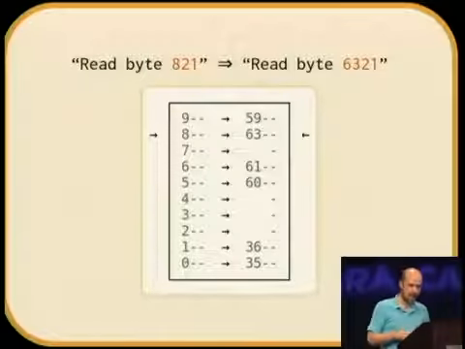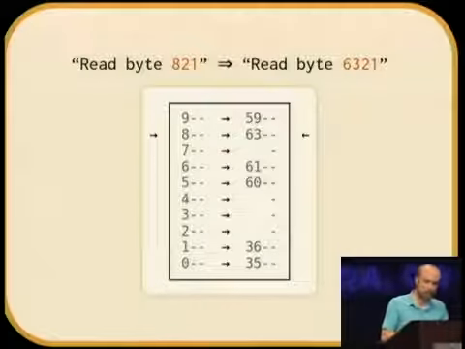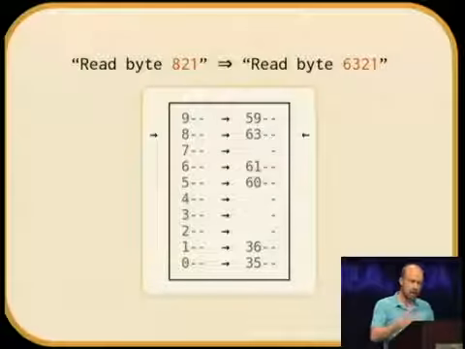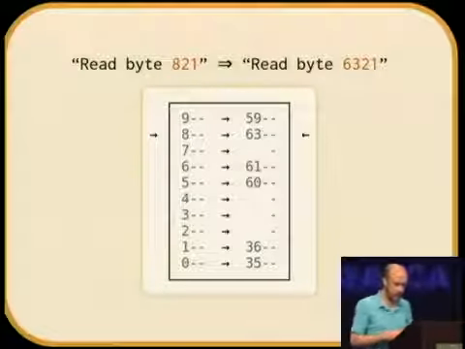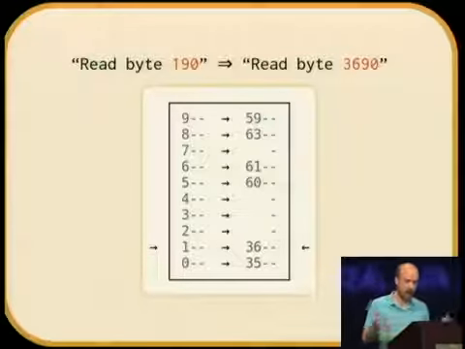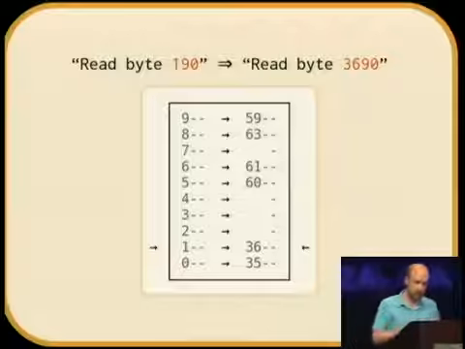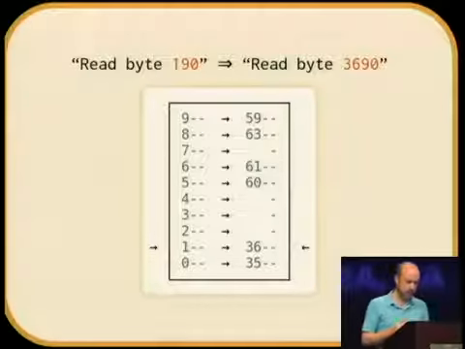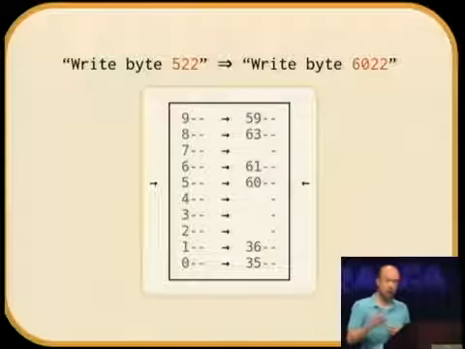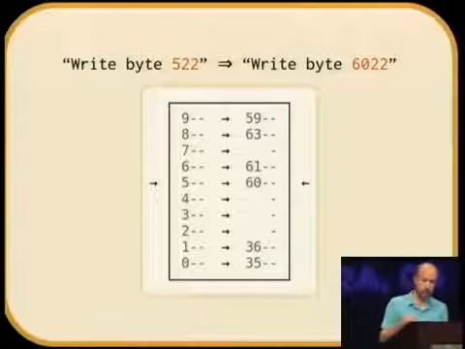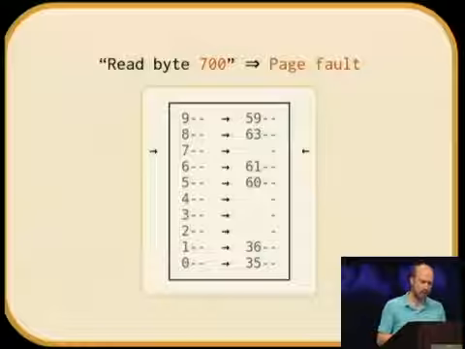So this example page table, remember, only looks at the leading digits. Your process attempts to read byte 821. The RAM chip actually sees a request for 6321. Process tries to read byte 190. Instead, the RAM chip would see a request for 3690. A write to byte 522 would be mapped into a write to real byte 6022.